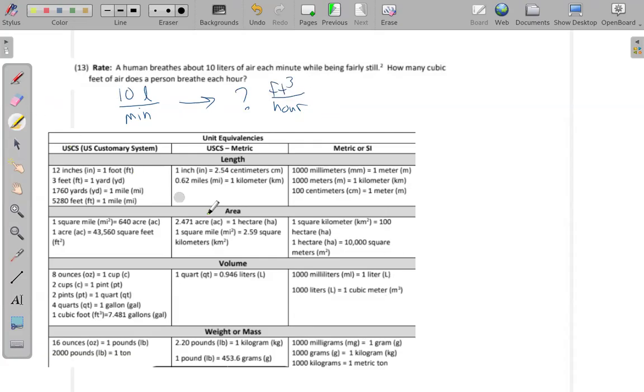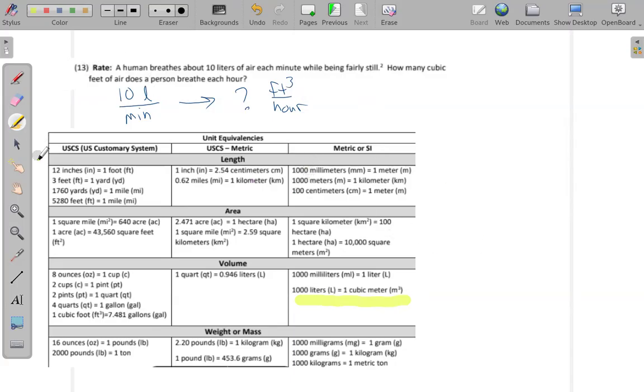All right, so this one is looking helpful. Not sure about quarts, because I don't see any relationship between quarts and cubic feet here. I think that's probably what we're going to do. Because once we have cubic meters, we can convert to cubic feet, because we have a conversion factor for that. Yeah, let's give it a try.